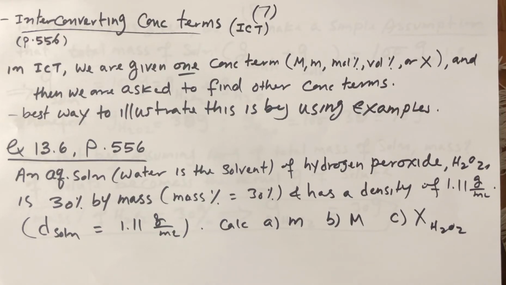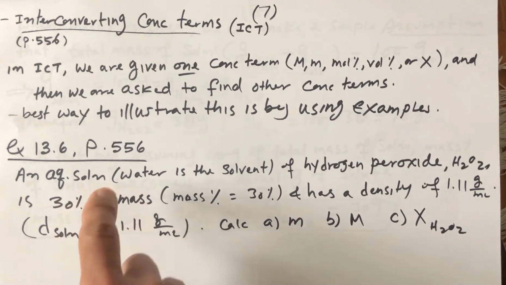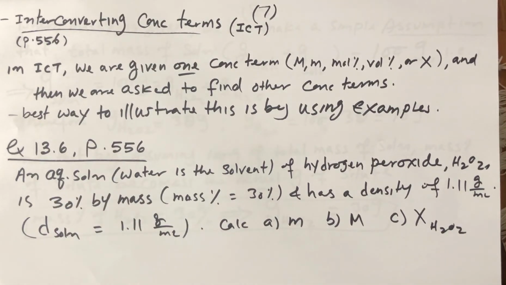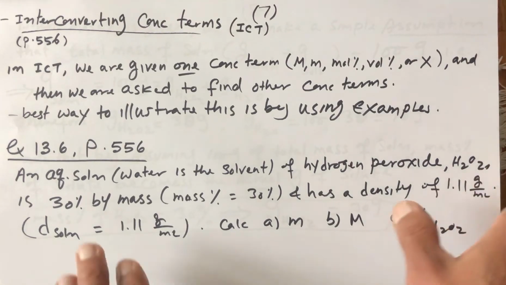The solution has water as the solvent because it's an aqueous solution. So H2O2 is dissolved in water, and it's 30% by mass. In other words, the mass percent of that solution is 30%. And the density of the solution is 1.11 gram per milliliter. And the question is, what is the molality, what is the molarity, and what is the mole fraction of H2O2?